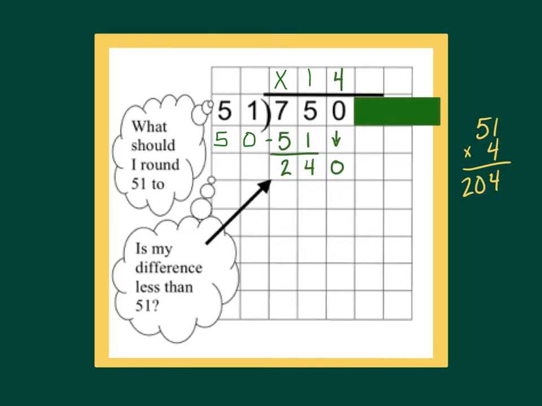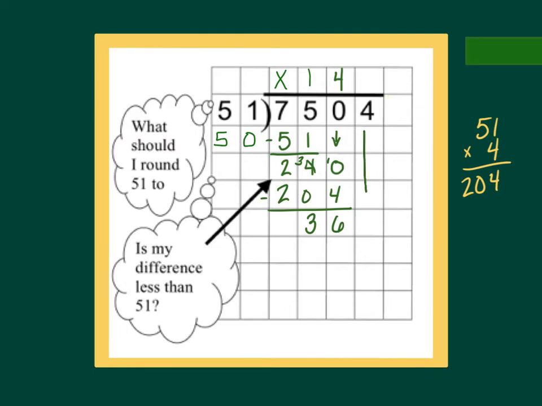Now when I bring 204 back into the problem and subtract, I get 36. 36 is a pretty big number to compare, however, it's still less than 51. So that means that my 4 is probably correct. So with my check, I can tell that I can move on to the next part. And I'm going to move this off to the side. And now I have my last number to bring down, which is a 4.